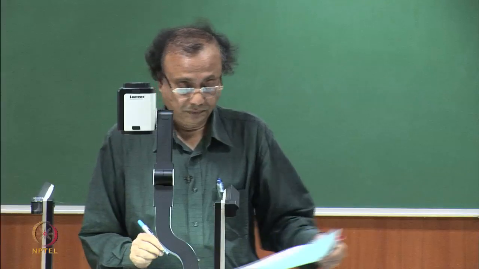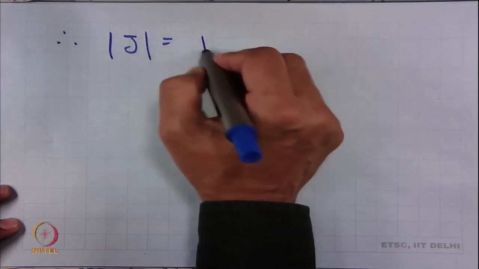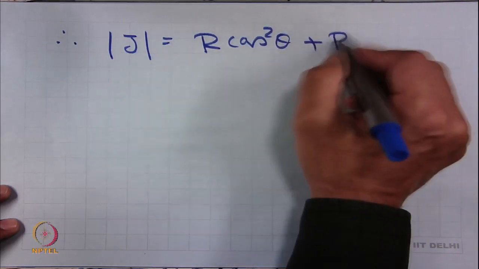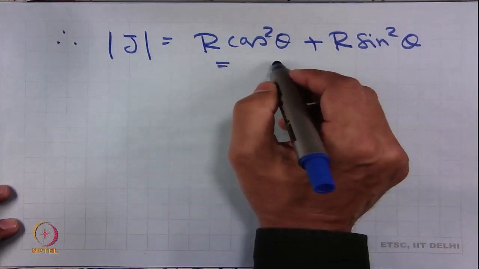Therefore, the determinant of J is equal to r cos square theta plus r sin square theta, which is equal to r.